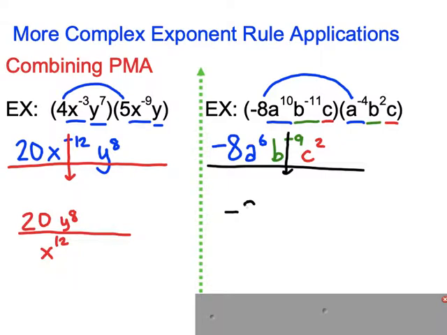So we have negative 8, or you can put the negative in front, a to the 6th. B to the 9th is going to go on the bottom, and c to the 2nd, since it already has a positive exponent, is going to remain in the numerator. So negative numbers do not move, only negative exponents.